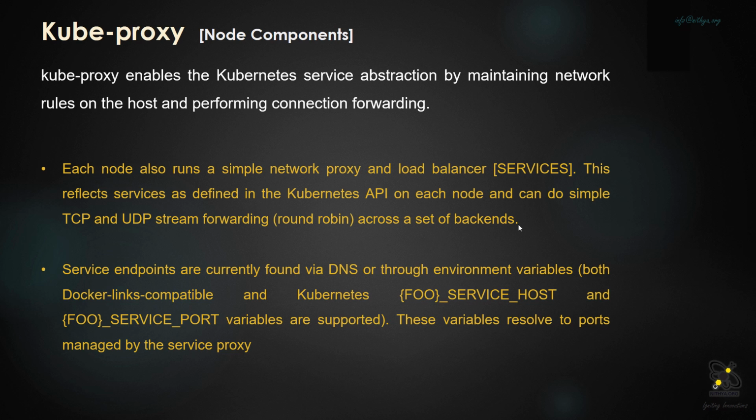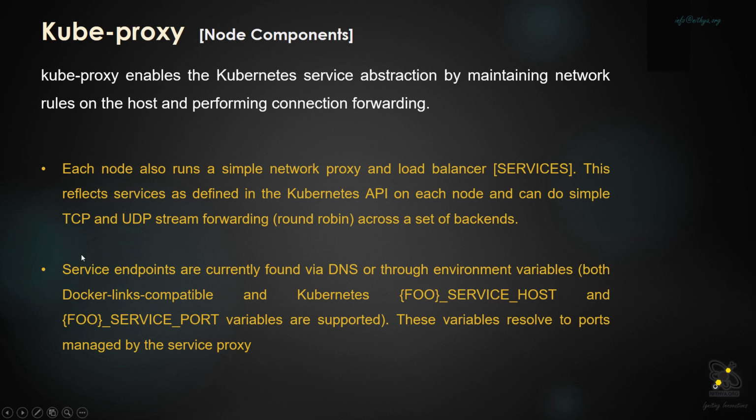So this acts as stream forwarding for TCP and UDP streams. For example, service endpoints are found via DNS or through environment variables. Say my service is named my-order-service. Then I can communicate via my-order-service.sales, with the namespace, or just my-order-service.